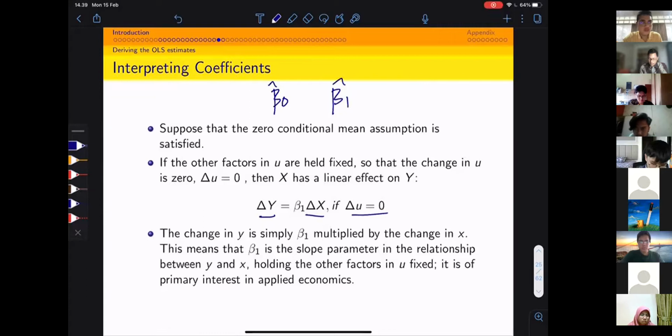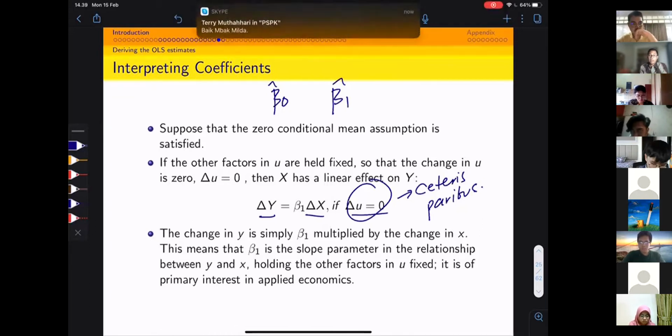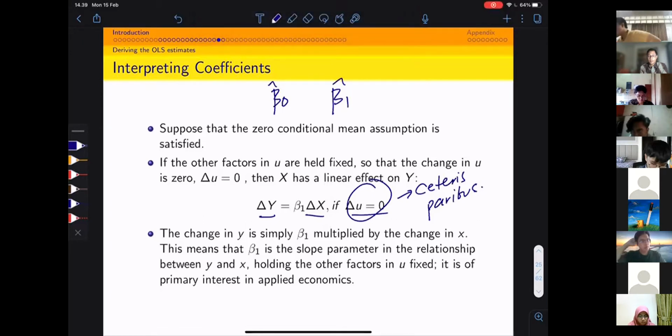What does it mean? It means that we make what's called the ceteris paribus assumption, which is the effect of a change in X on Y, ceteris paribus, where every other factor is held constant. The only change that occurs is a change in X, and that change in X affects the value of Y, assuming all the other variables are held constant.